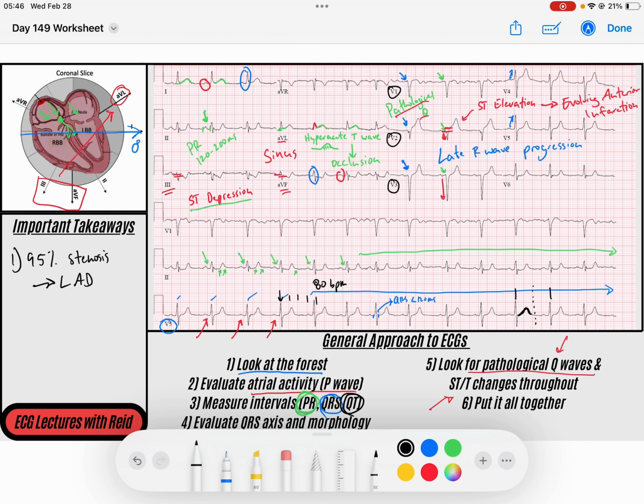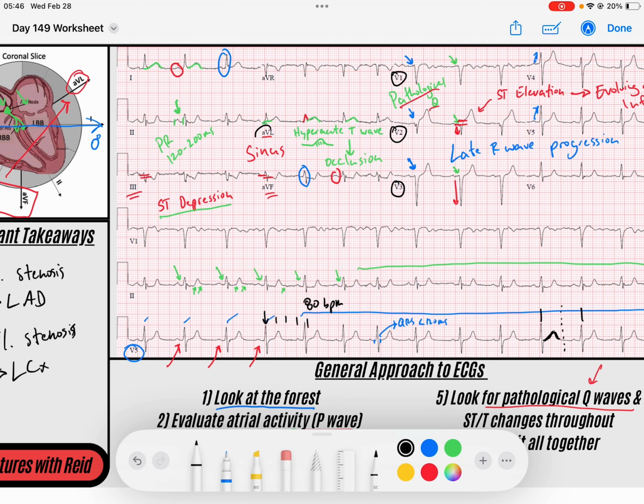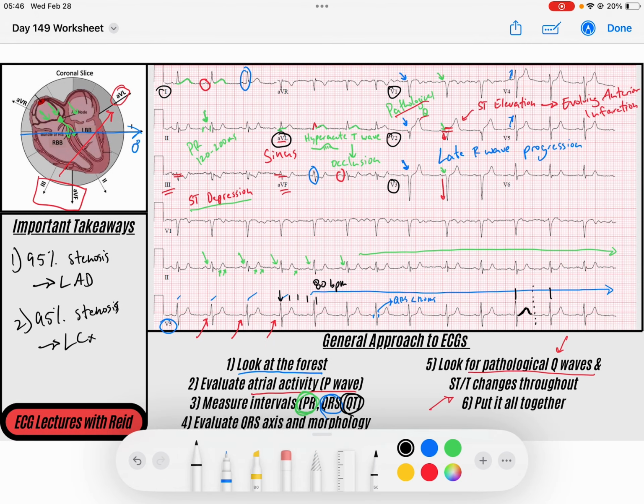They also found 95% stenosis of the left circumflex, which explains our findings in lead AVL and a little bit in lead 1, right? The high lateral leads, which the left circumflex usually kind of feeds.